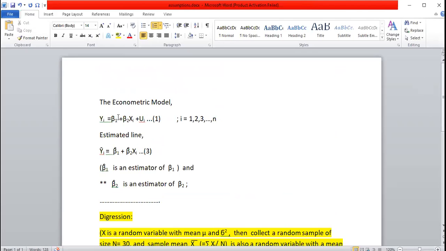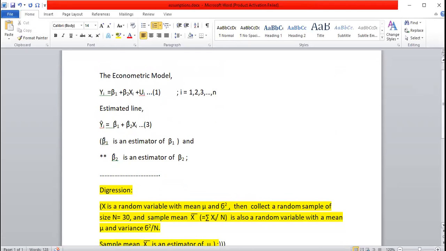You are not making any mistake, because this model is actually linear in reality. But now here is the confusion about econometrics. When they say linear, they mean linear in parameters, not linear in variables.